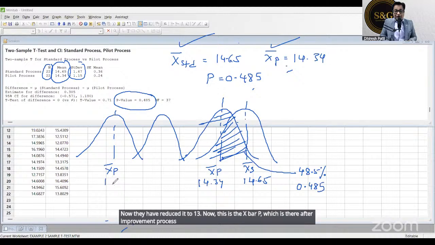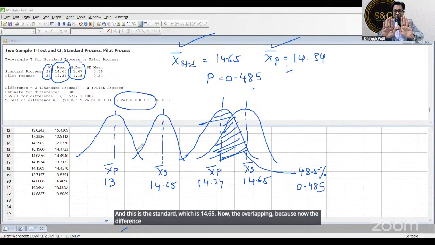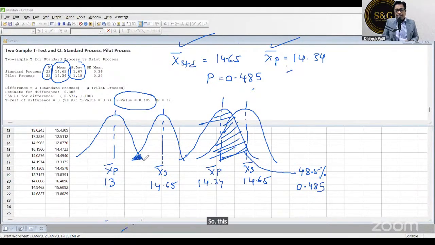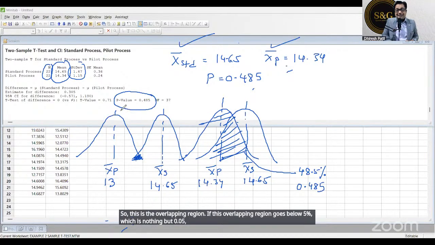And this is the standard, which is 14.65. Now, because the difference between the means has increased, the overlapping region has reduced. If this overlapping region goes below 5%, which is 0.05, then statistics says that the difference is significant.